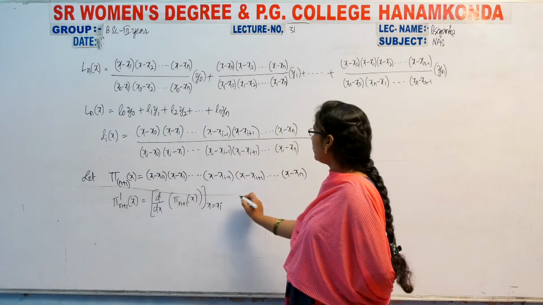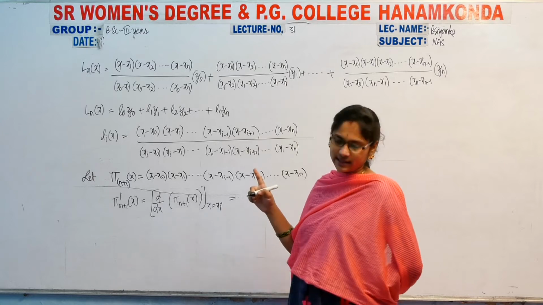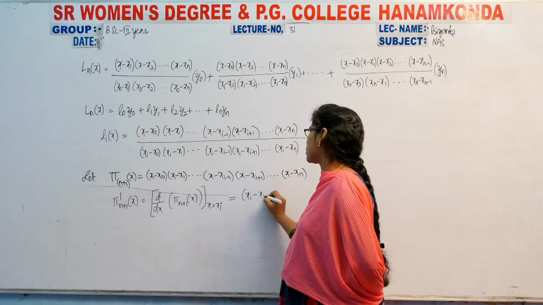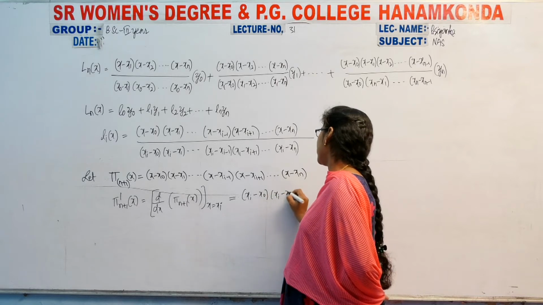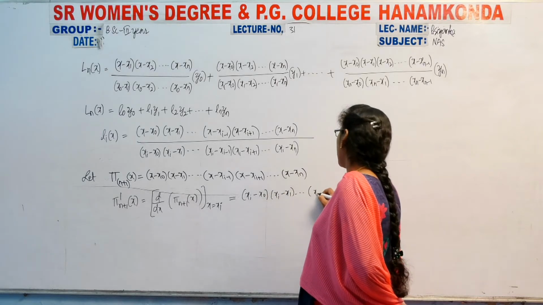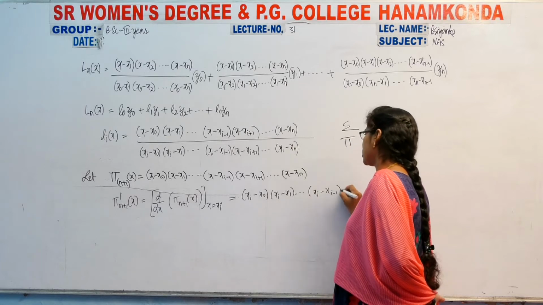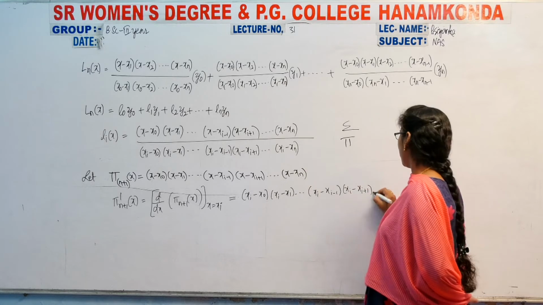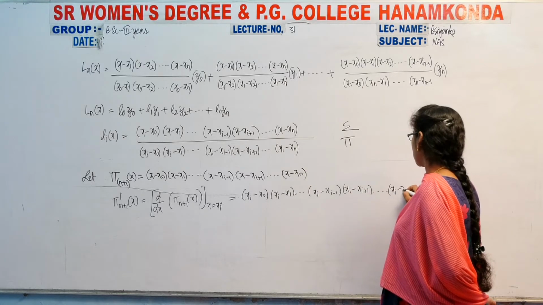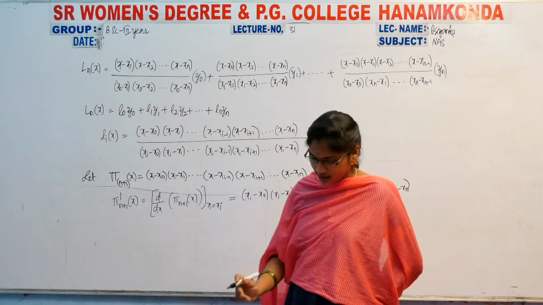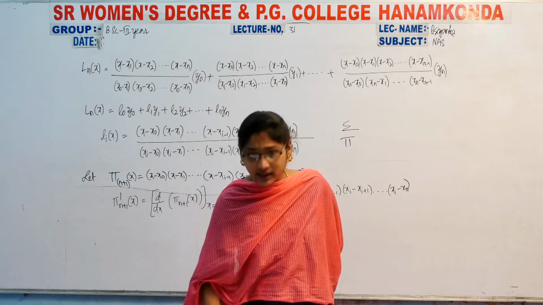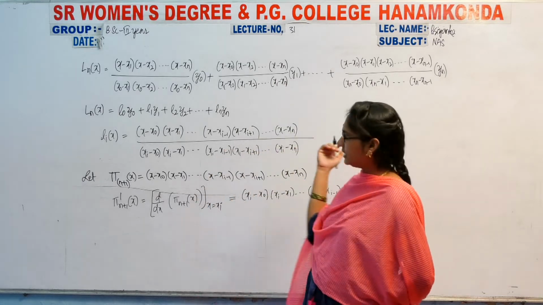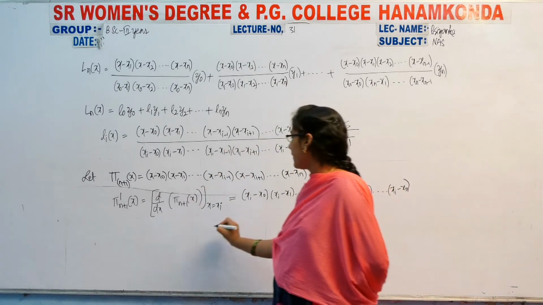Then you will get the value directly as xi minus x naught, xi minus x1, and so on, xi minus xi minus 1, into xi minus xi plus 1, the denominator value. Here they clearly mention the value at x is equal to xi.